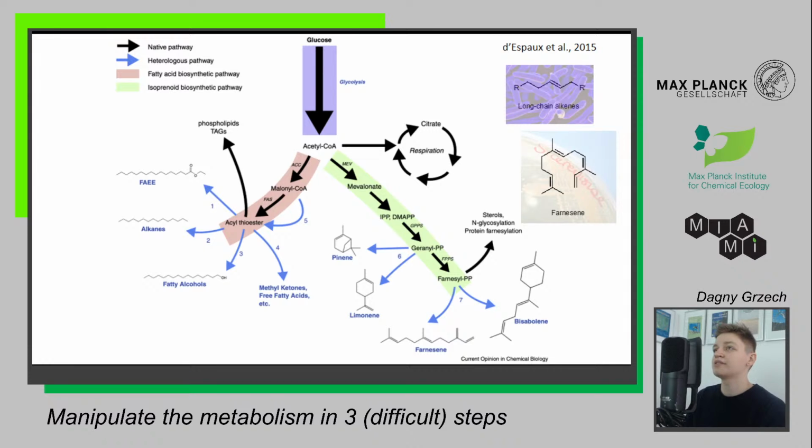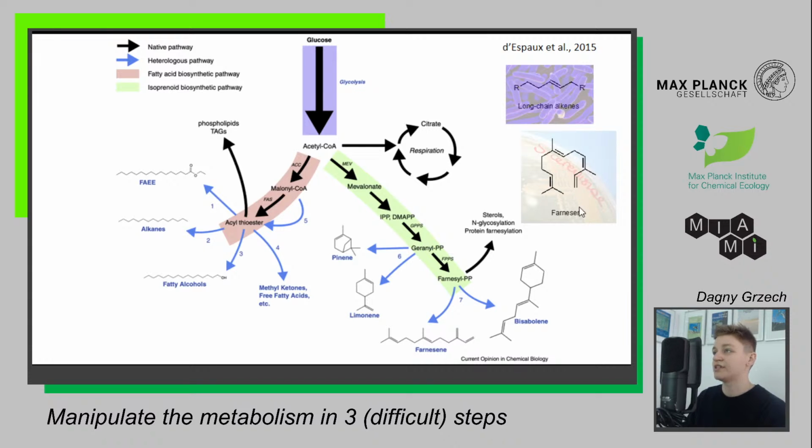So when you look at this scheme, you can see that we start from glucose, from this basic molecule that is then turned over into different products by a series of enzymatic steps. And these enzymatic steps that are highlighted in red and green are actually primary metabolism steps. And in here you can see that these pathways have been engineered by addition of some extra enzymes to produce some useful chemicals.